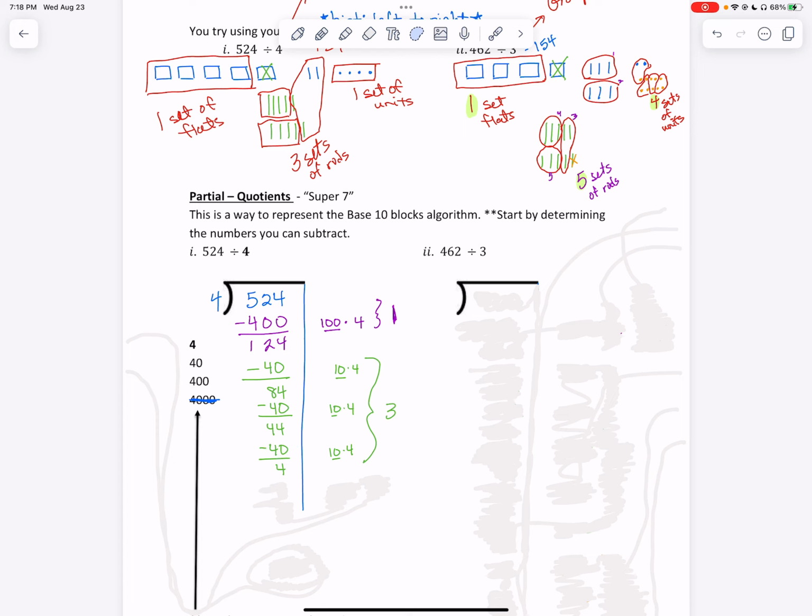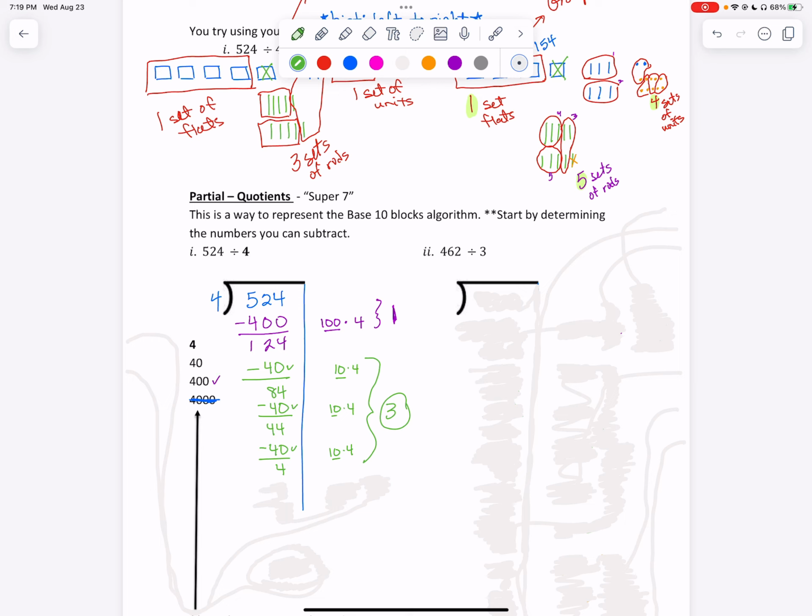So how many of those did I subtract? I subtracted 3 of those sets of rods. So I took off 3 40s, and I took off my 400s.